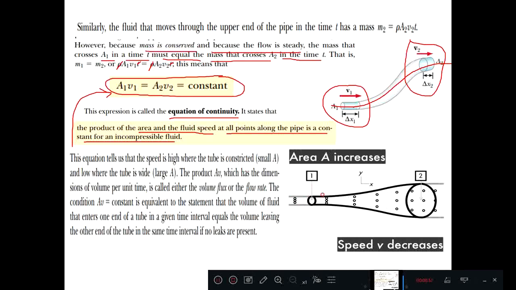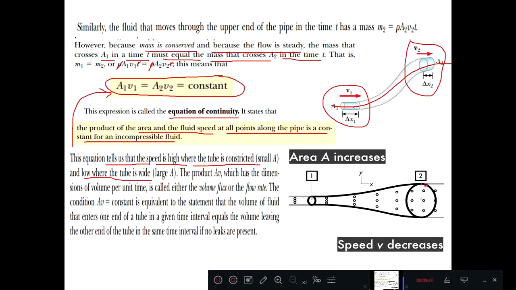Look at this picture: where the tube is constricted, meaning very narrow or small, the velocity is very high here. The speed of the fluid particle is very high where the tube is constricted or narrow, and low where the tube is wide or large.